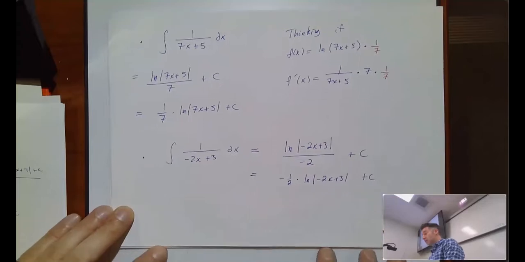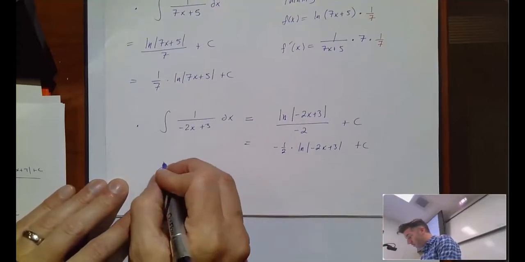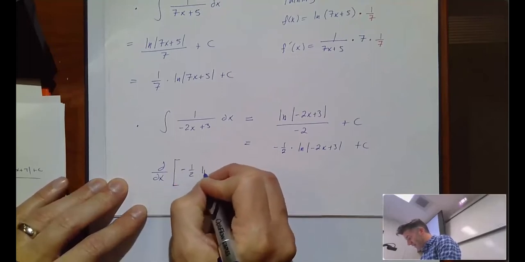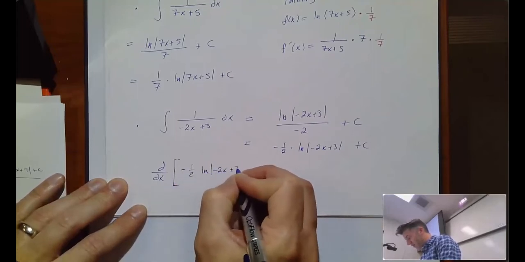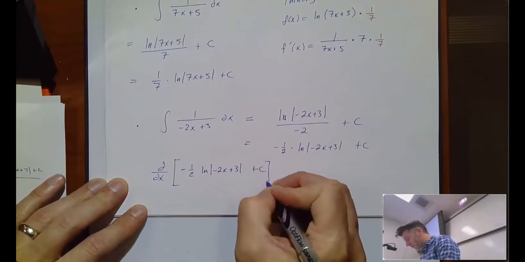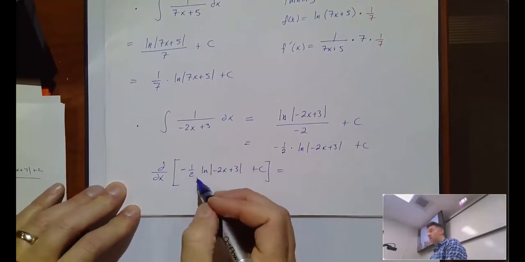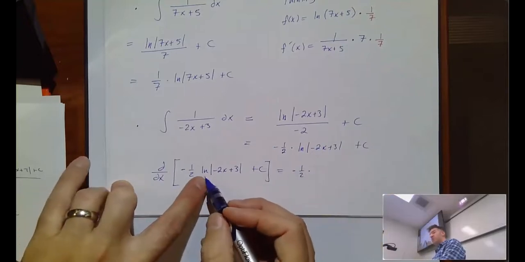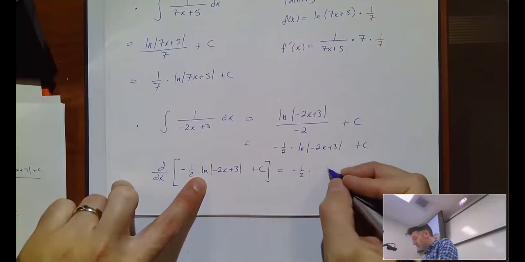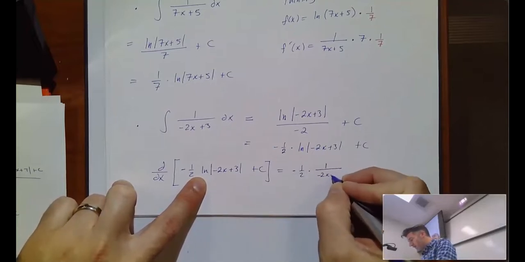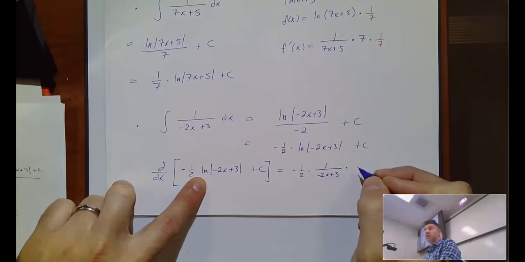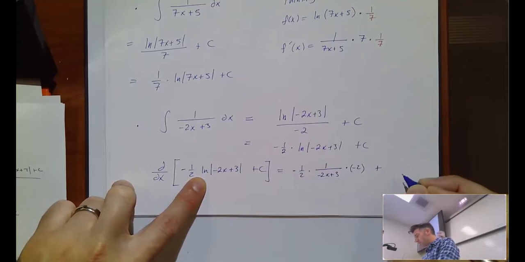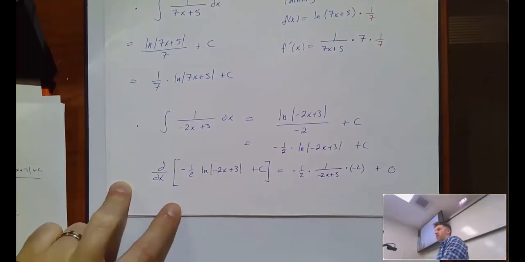Let's check and see. So if I take the derivative of what I think is the antiderivative, -1/2 natural log of the absolute value of -2x plus 3 plus c, constant multiples hang out, we get -1/2. And the derivative of the natural log of some stuff is 1 over the stuff times -2, the derivative of the stuff, plus 0, because the derivative of a constant is 0.